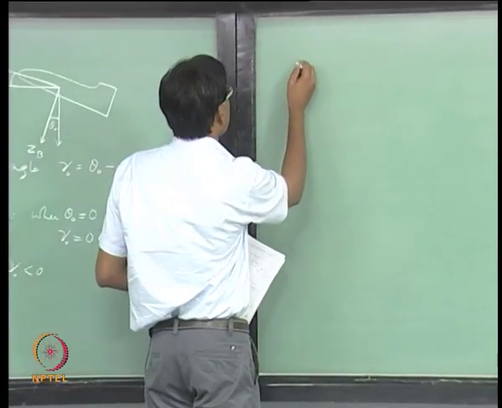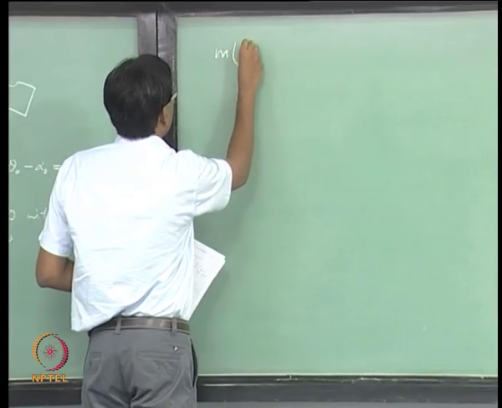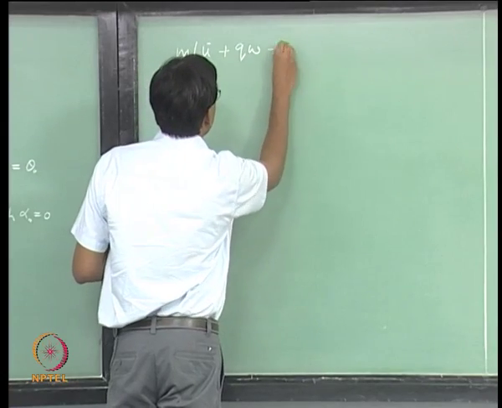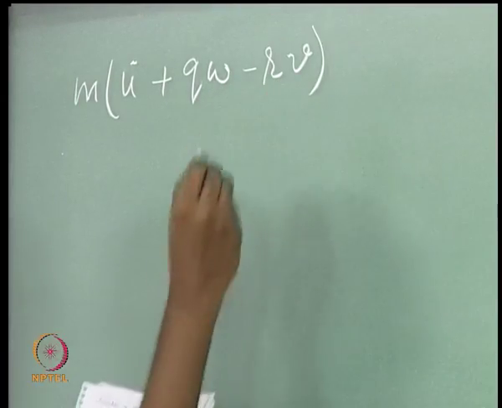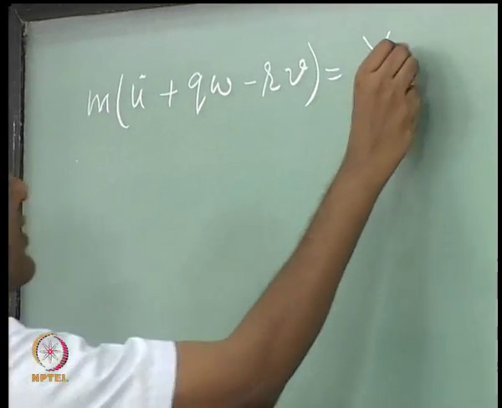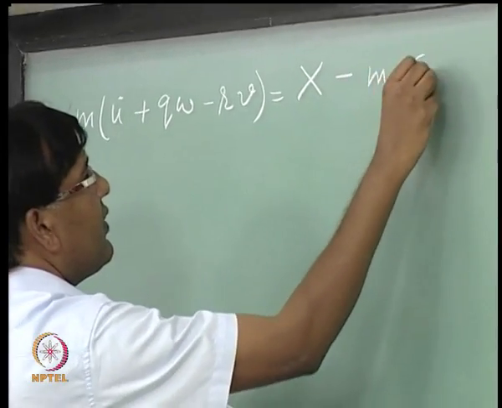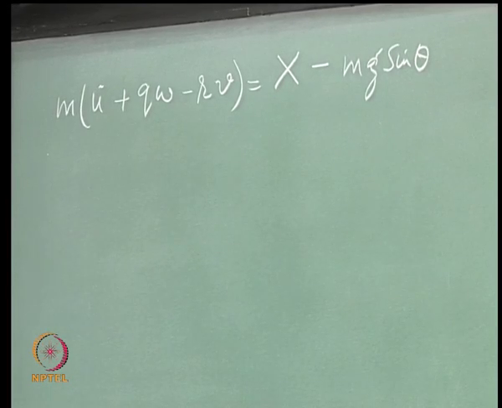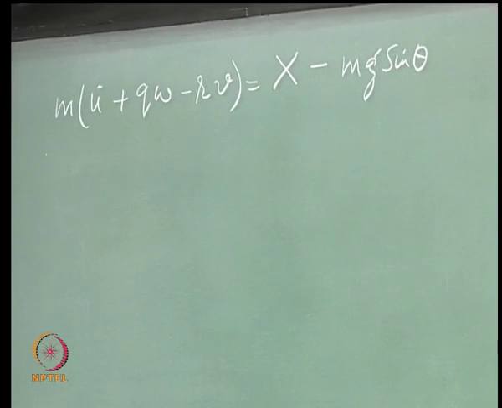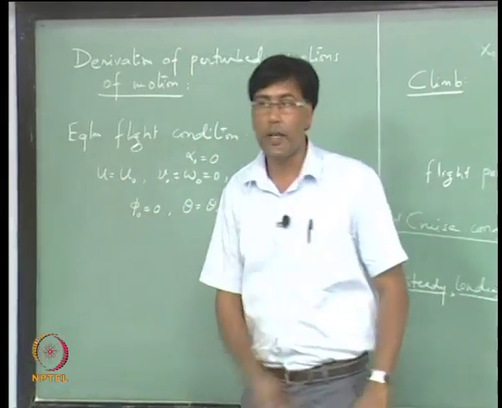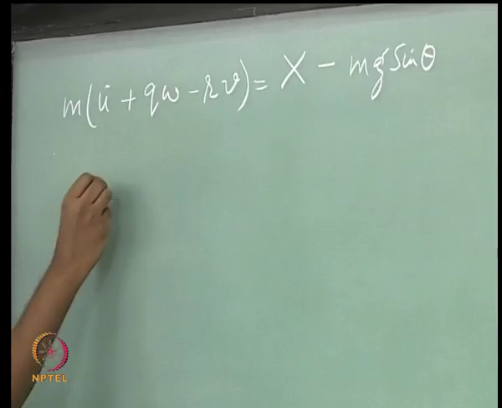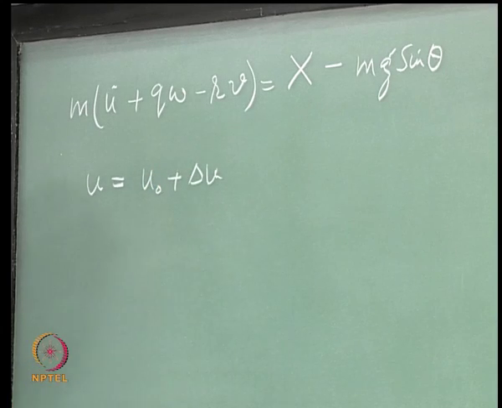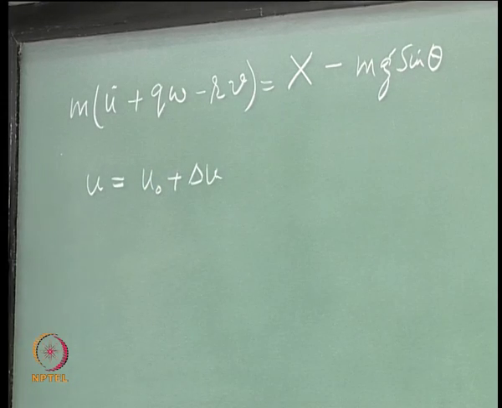The first in that list is... Now, let us take perturbations from these equilibrium conditions. Okay. So, I am now writing this u as u naught plus delta u.